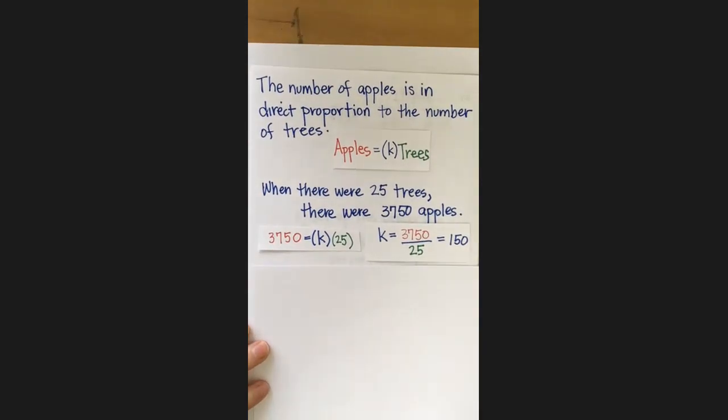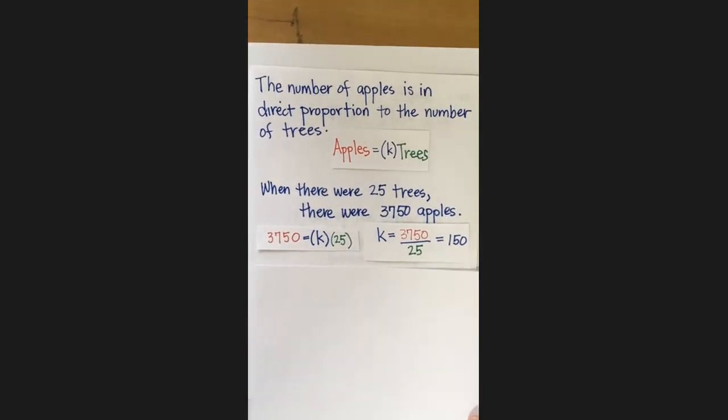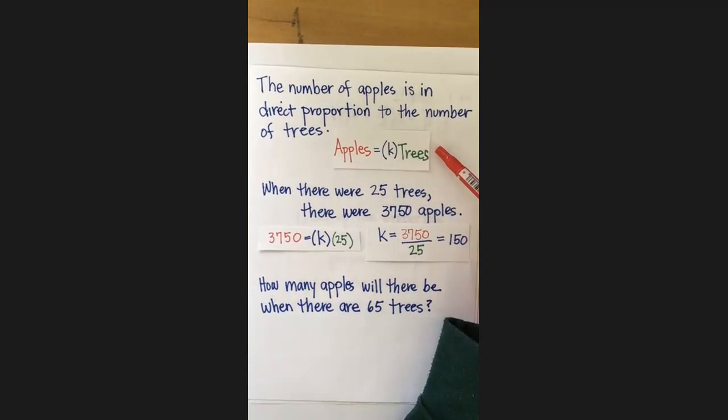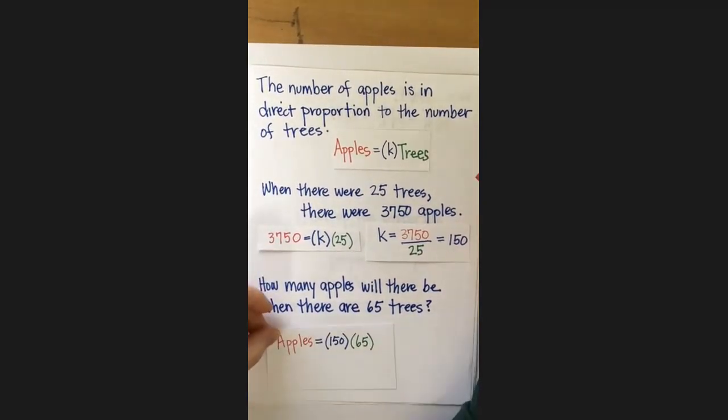Finally, the problem is going to give you a statement something like this. How many apples will there be when there are 65 trees? So again, we go back to the proportion that we set up after the first statement, and we now plug in the numbers that we have.